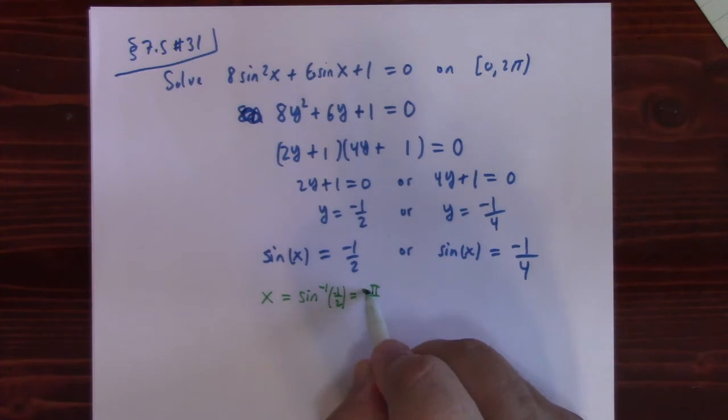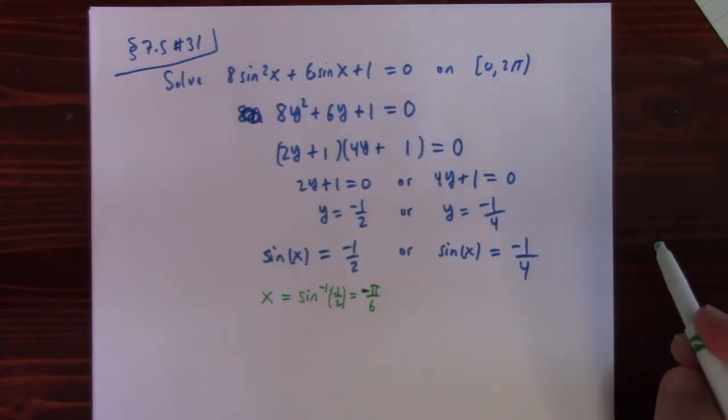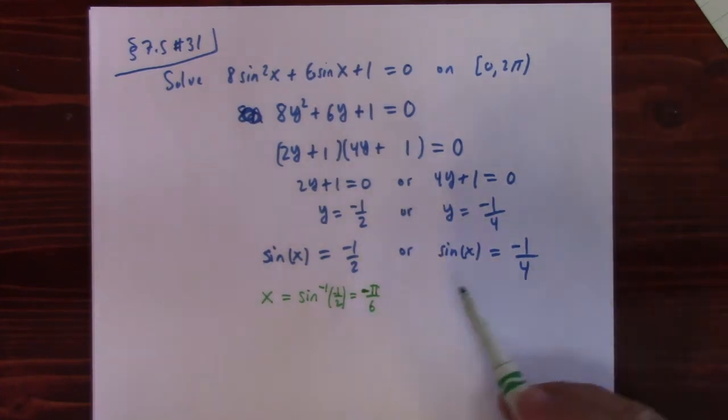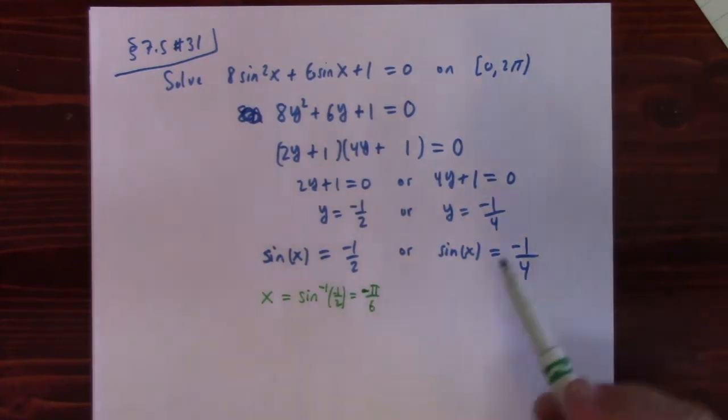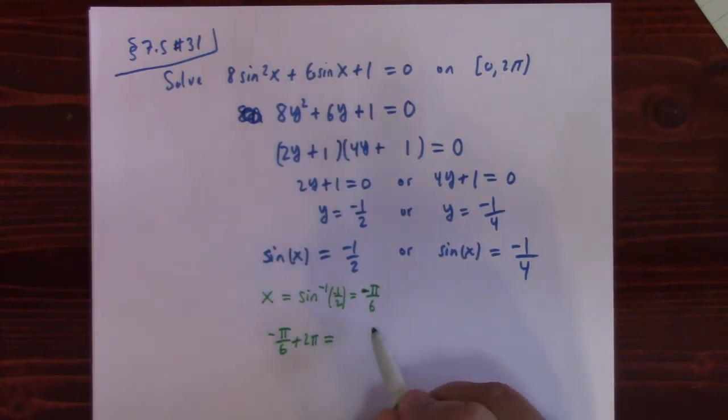But we do know that if we add 2 pi to that, then that still gives us a solution, because sine has period 2 pi. So minus pi over 6 plus 2 pi would be equal to 11 pi over 6. So that's going to be one of the solutions.